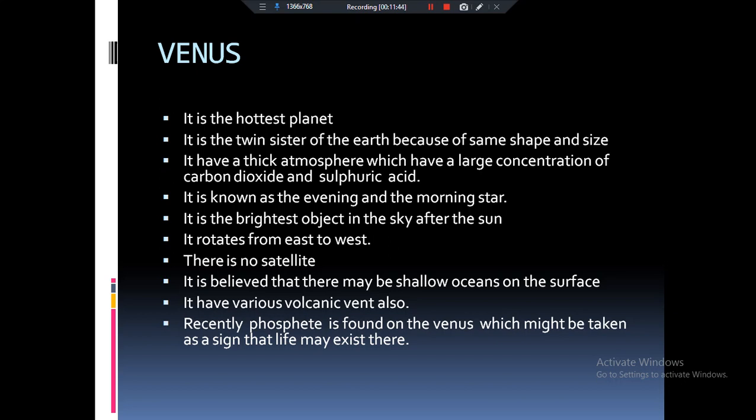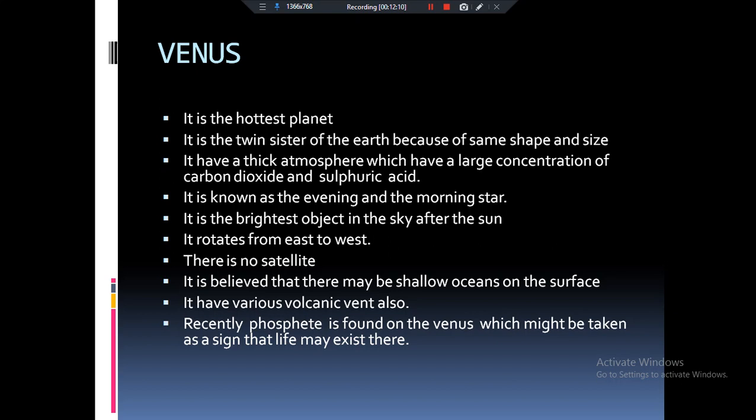It doesn't have any satellite, just like Mercury, and it rotates in the opposite direction to that of the Earth. Can you tell me in which direction Earth is rotating? Is it eastwards or westwards? The Earth is rotating in a westward direction. Is it right?